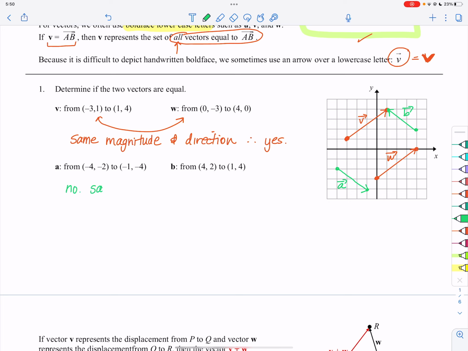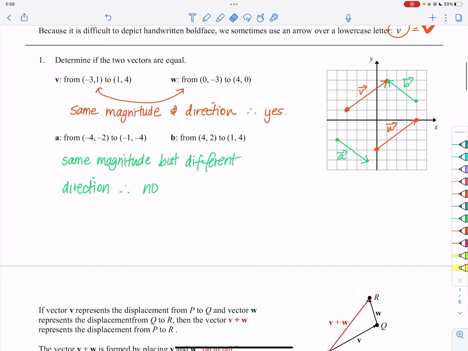They look like they have the same magnitude, but they have different direction. So therefore, no.